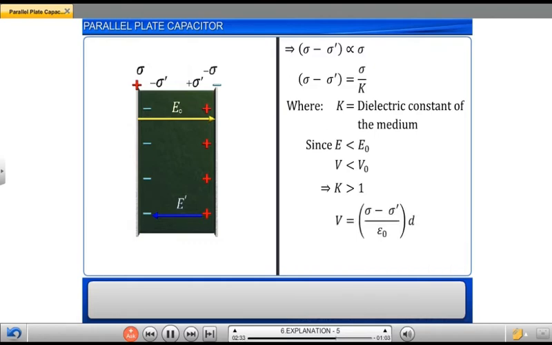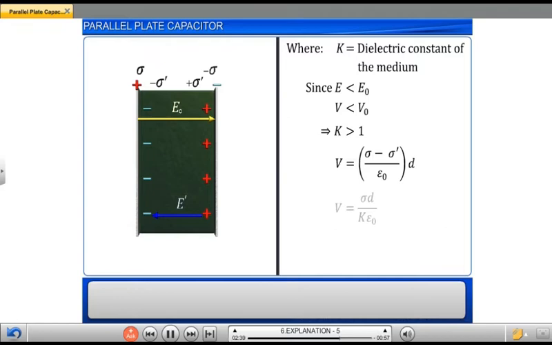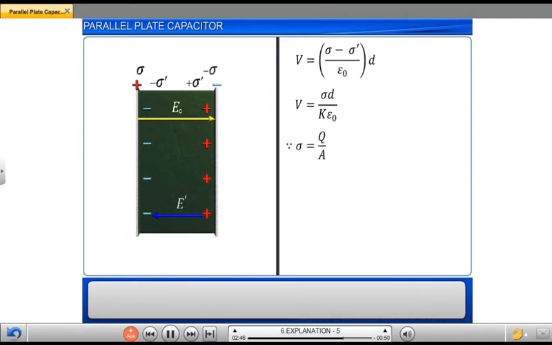Using sigma minus sigma dash equal to sigma by K in the expression for V, we get V is equal to sigma d by K epsilon naught. But since sigma is equal to Q by A, we have V is equal to Qd by A K epsilon naught.